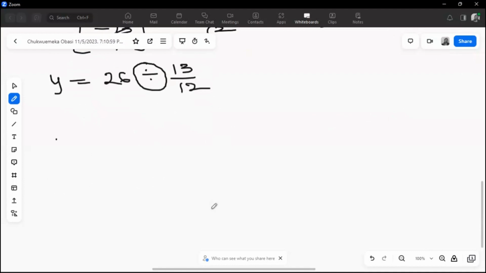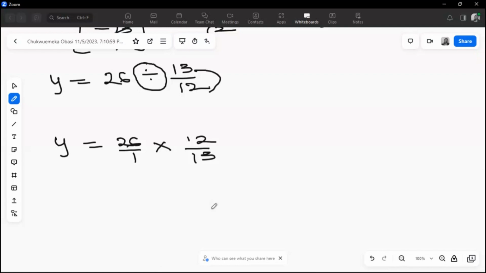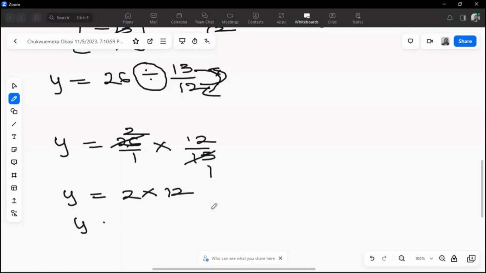We have y is equal to 26 over 1, then times 12 over 13. What did you observe? When we change division to multiplication, this one is going to go down, and this one is going to go up. So you can see 13 can divide 13 to give 1, and 13 can divide 26 to give 2. So we have y is equal to 2 times 12, and finally y is equal to 24.